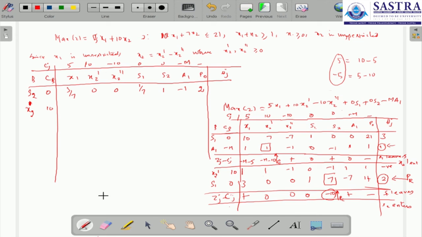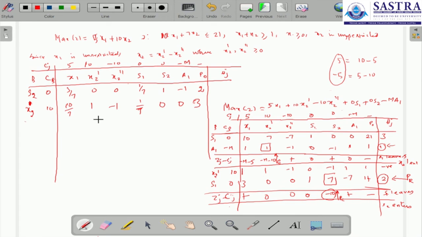So simple addition between these two. 1 plus 3 by 7, 10 by 7, then 1 plus 0, 1, then 0 plus 1 by 7, 1 by 7, then 1 plus minus 1, 0, then 1 minus 1, 0, then 1 plus 2, 3.